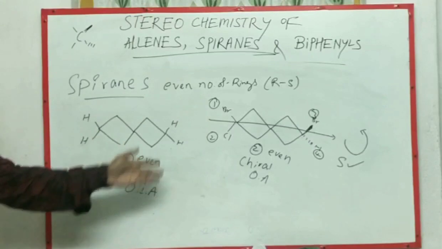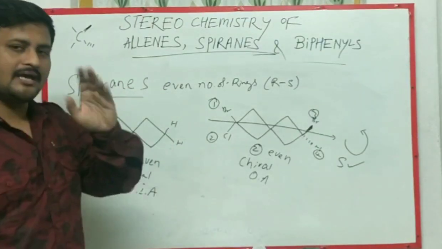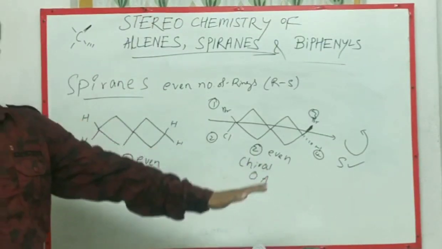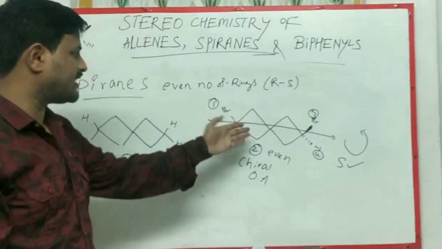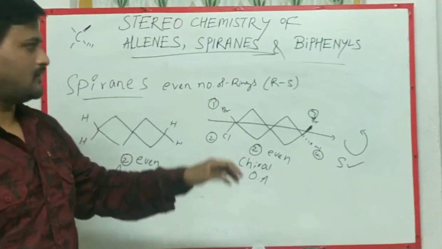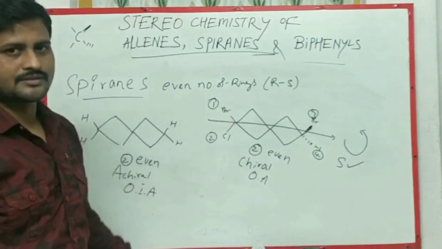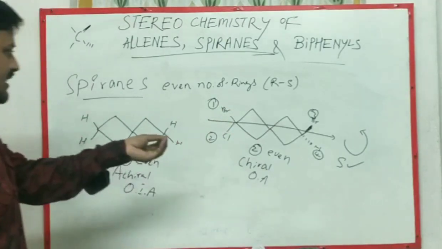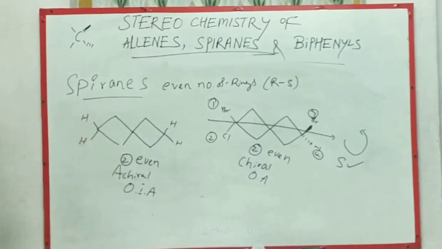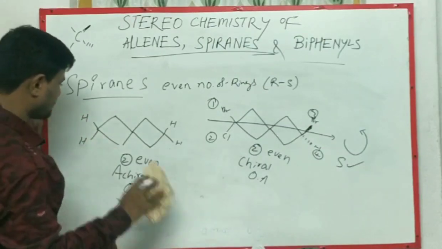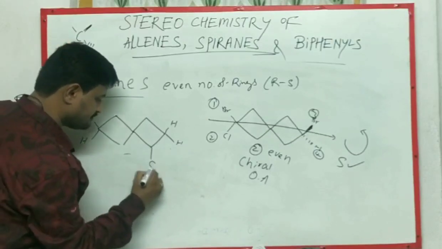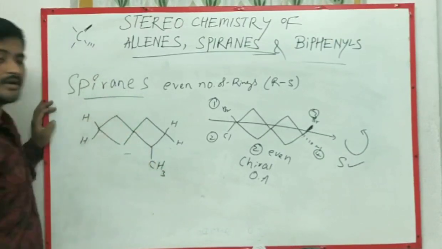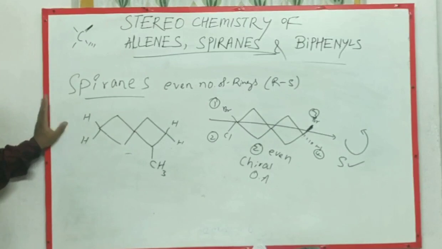Any type of spirene is given like this, like allenes. Instead of spirene rings, you can convert them, whatever substituents exist. Taking the same example: is it chiral or achiral?